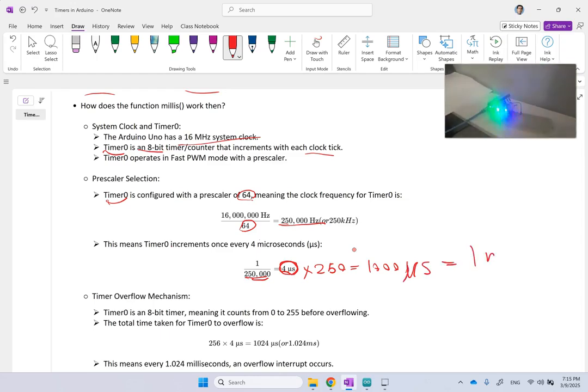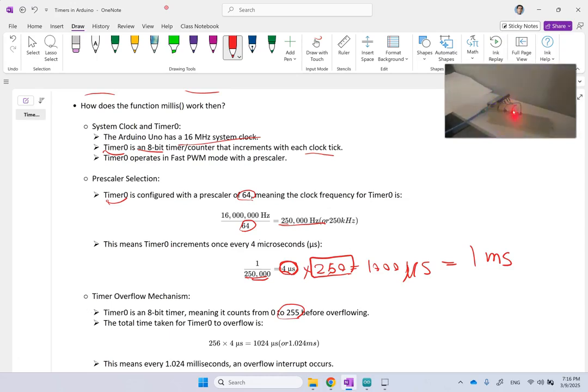Right? So if I can somehow count 250 counts of timer 0 at prescaler 64, that is the exact time that I want. The problem is this timer will overflow when it reaches 255, not 250. If it would overflow at 250, that would be perfect, but this doesn't.